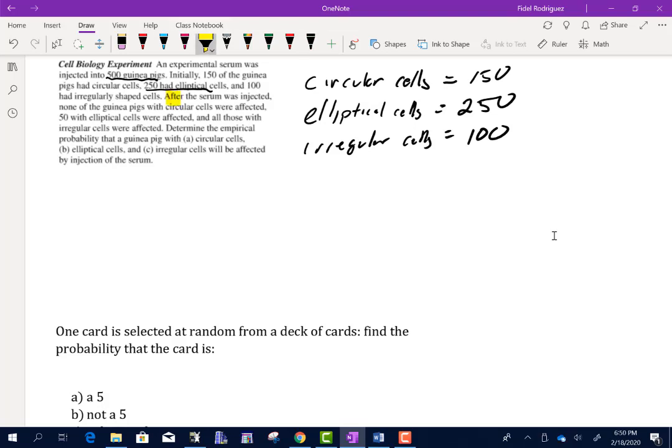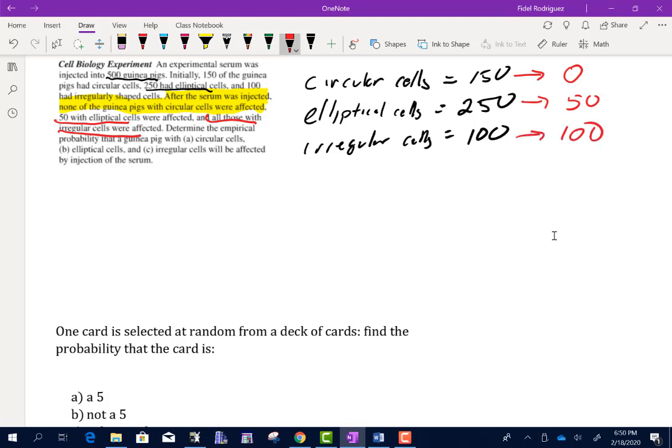Then it says, after the serum was injected, none of the guinea pigs that had circular cells were affected. So out of the 150, none of them were affected. Okay. 50 of them with the elliptical cells were affected, and all of those with the irregular shaped cells were affected, all 100.